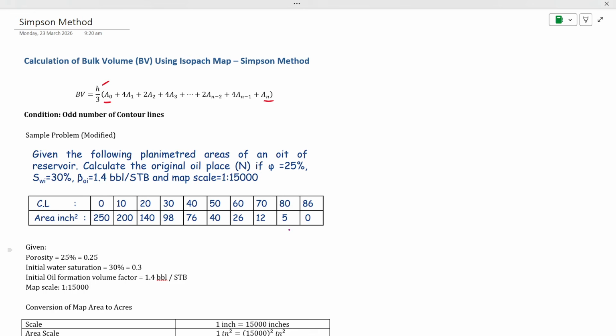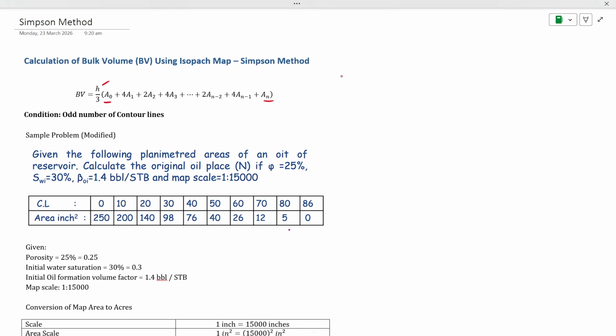They are not multiplied by any number. The remaining areas have coefficients like 4 and 2. So take note of this.